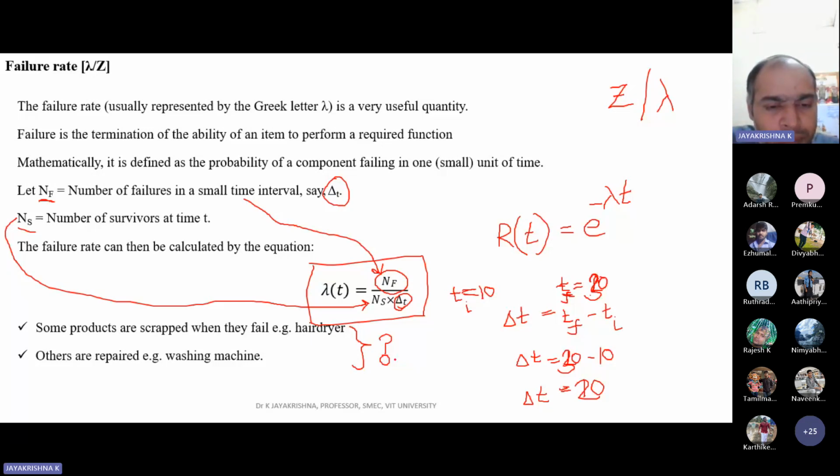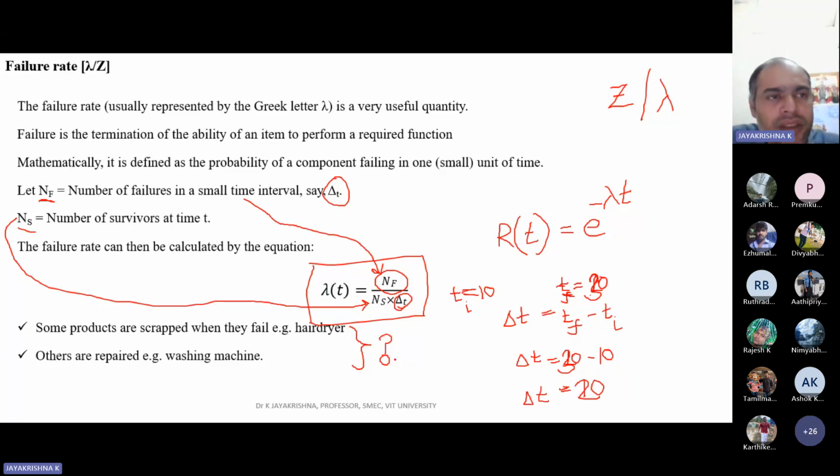Say for example, in a mobile phone, the screen is very important. If your screen is damaged, will you buy a new mobile phone, or repair the screen? Nowadays we are buying new only, sir. Why? Because the cost of a mobile screen is close to the cost of a new mobile itself.